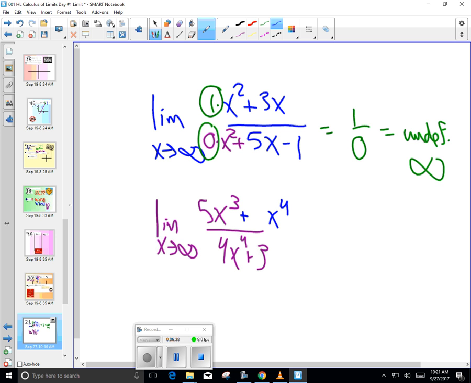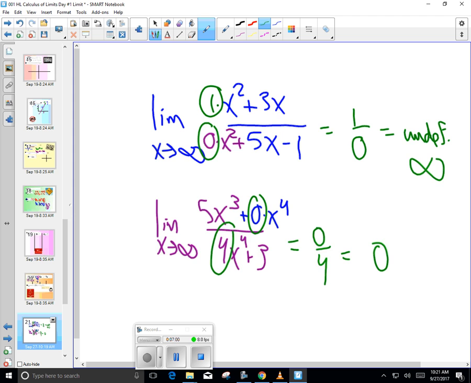How many are there? Zero. So using that method, the coefficients of the greatest exponent of x give 0 over 4. But what's that? It's not infinity. It's 0. Don't you like that? It's so easy.